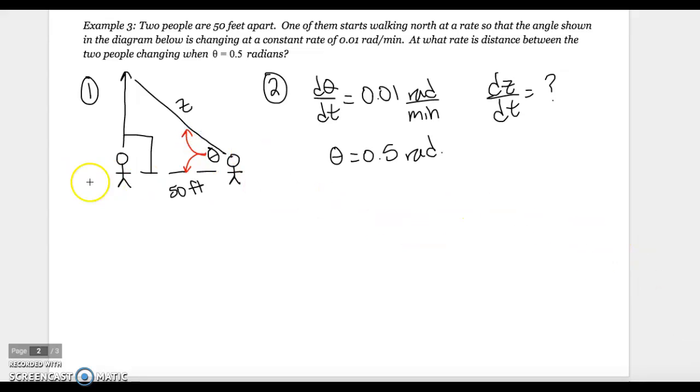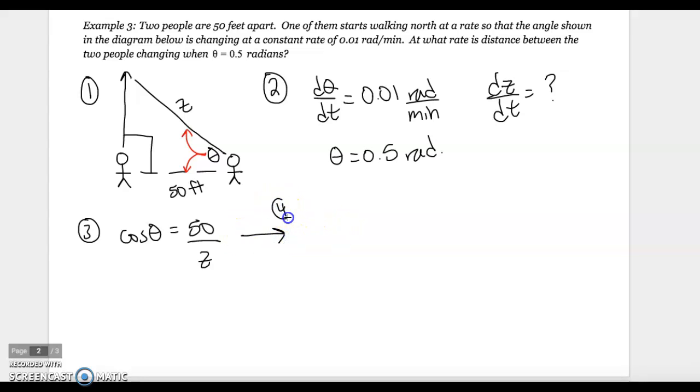So thinking about that, the equation that you could write to relate those three pieces would be using your trig function. So you have cosine of theta would equal your adjacent side over your hypotenuse, right? Cosine, SOHCAHTOA, cosine is adjacent over hypotenuse. So cosine of theta equals 50 over z. And so then now we can implicitly differentiate that.